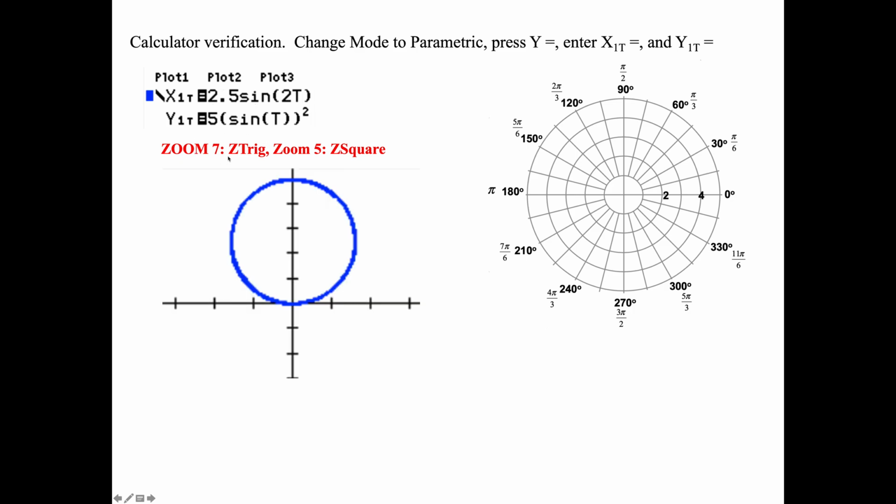Make sure you hit Zoom 7 to get it into trig mode. Then I hit Zoom 5 to square it up. With Zoom 7, it won't be a perfect looking circle. Zoom Square will square up your window so you see a perfect circle. You can see how my X tick marks are much wider than my Y's. So you plot this on your polar graph, and there are the two horizontals and the two verticals.